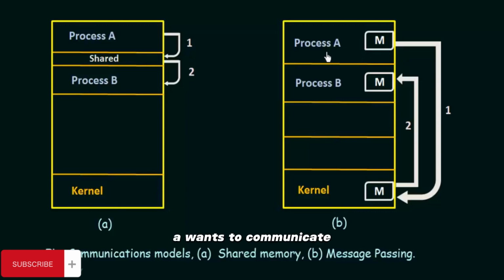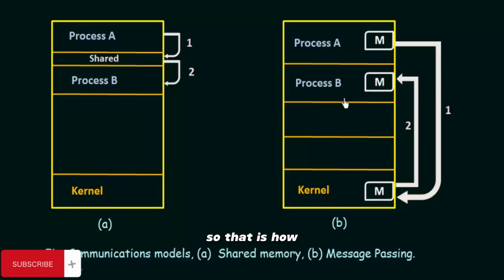When process A wants to communicate to process B, it will send a message to process B. And how will it send? It will create the message, and the message will go to the kernel. The kernel will get the message, and it knows that this message is for process B. So the kernel will send this message to process B, and process B gets the message.